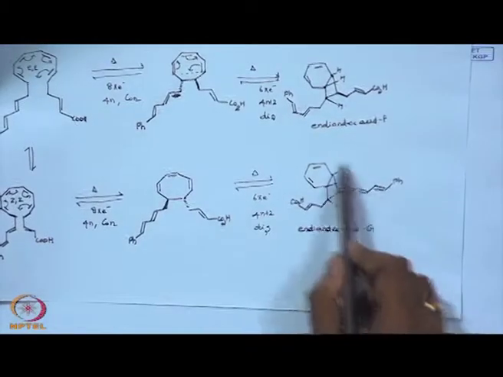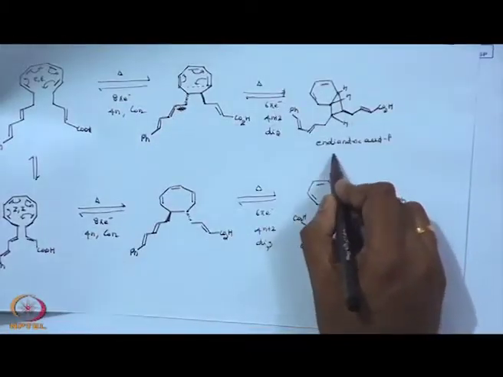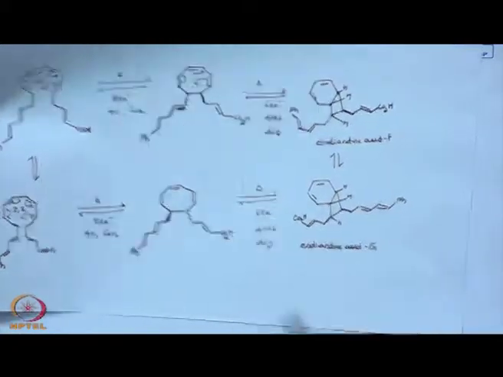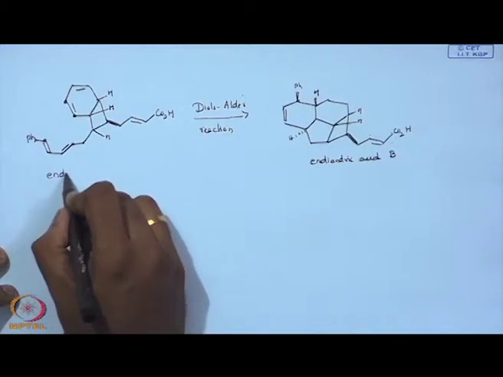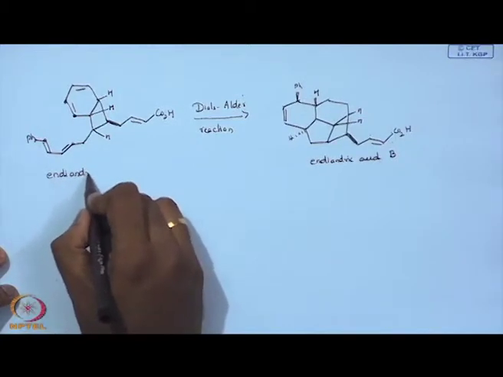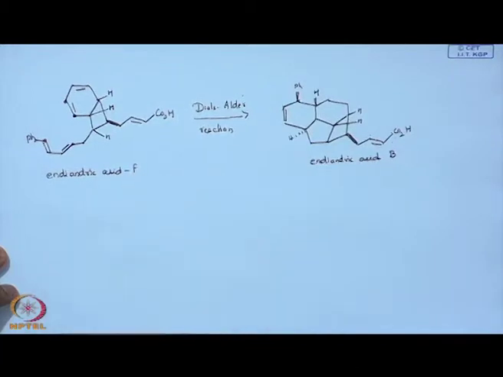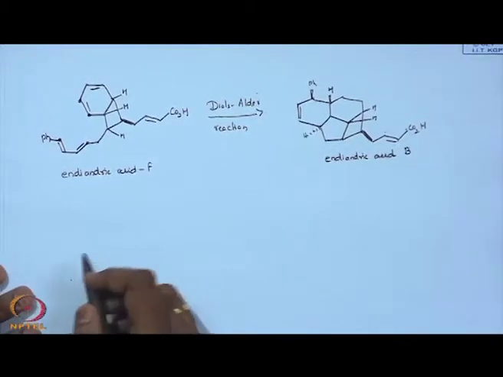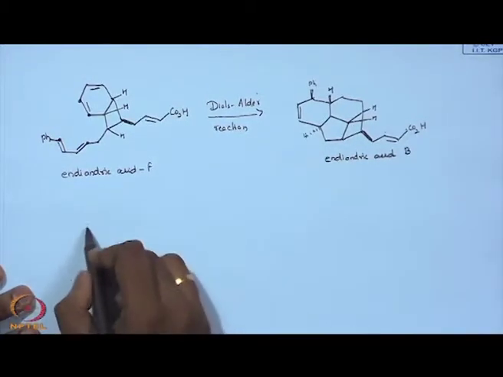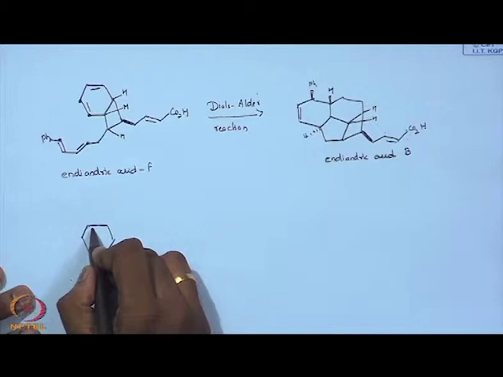Same way now we have to do for G, the other diastereomer, right? We can do for G also. So first this is F. Okay. Now we will do for G. G will be quite interesting. So I have a double bond.